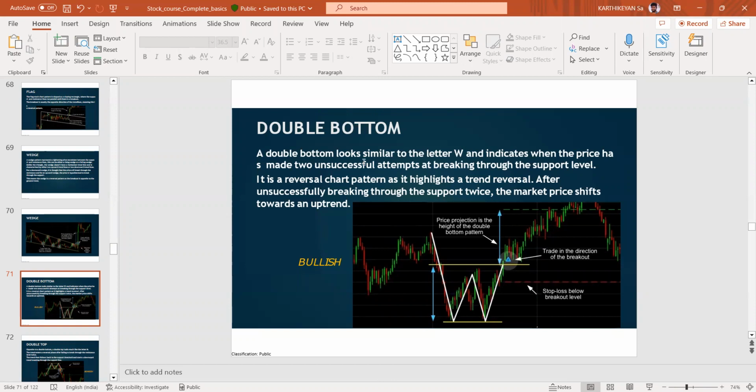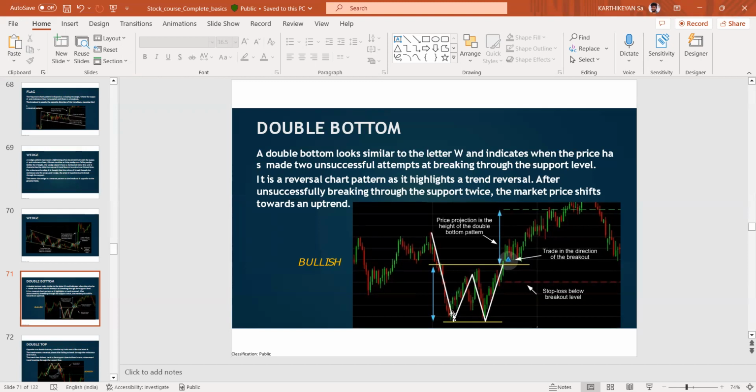Next one is the double bottom. So basically, even this is a bullish reversal. What happens? Price makes a downtrend, then at a certain point it finds a support, it bounces, then again it comes here, again it bounces. So we mark a line here, till where it has bounced. Once this is broken, it moves to a target of this length.